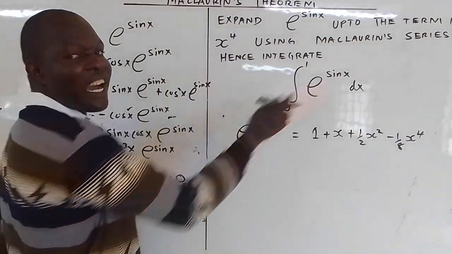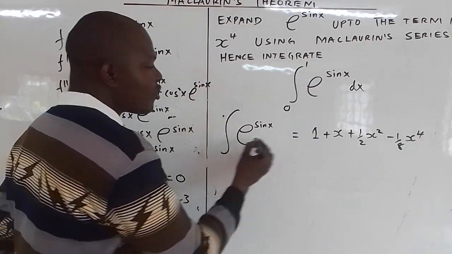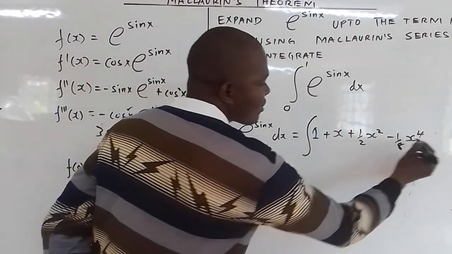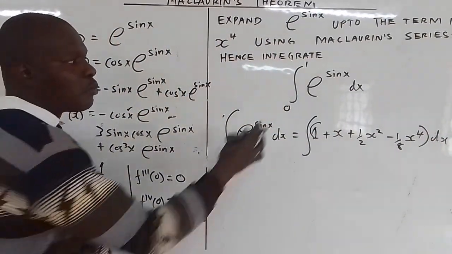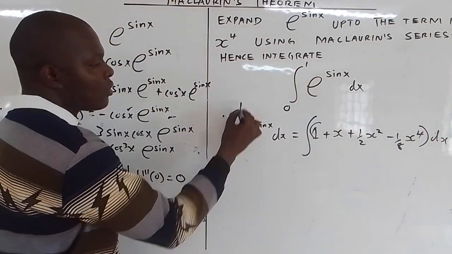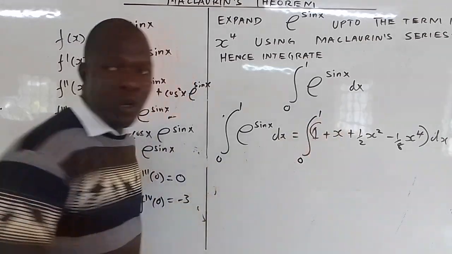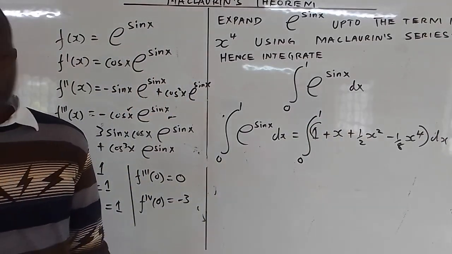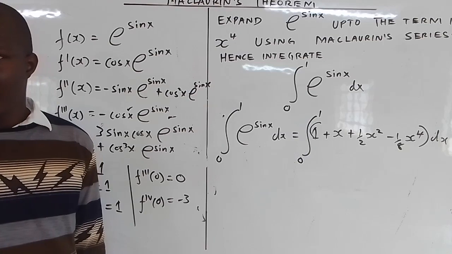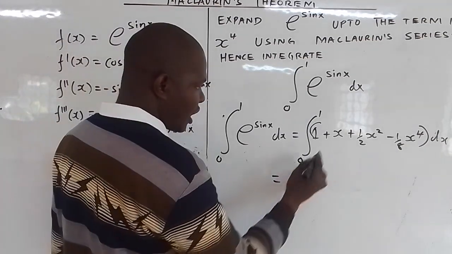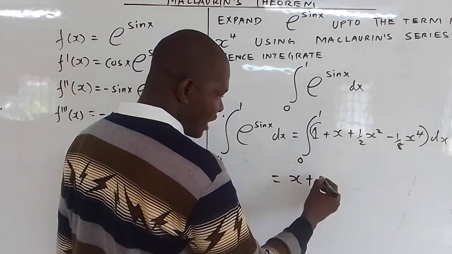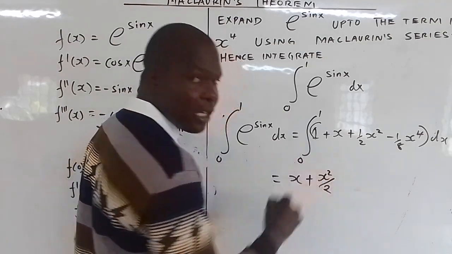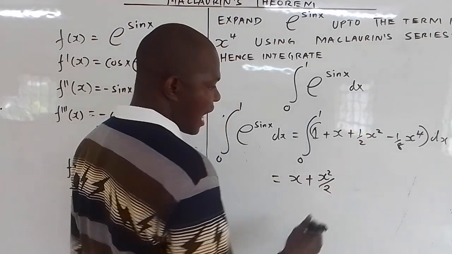So we want to integrate it. If you want to integrate it, we introduce the integral with respect to x on both sides, with limits from 0 to 1. Start integrating. If you integrate 1, you get x. If you integrate x, you get x squared over 2, and here we have a half.